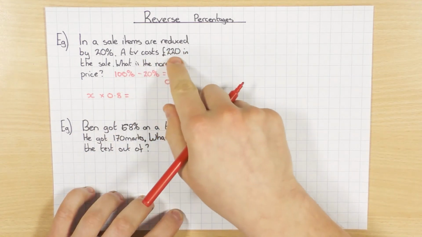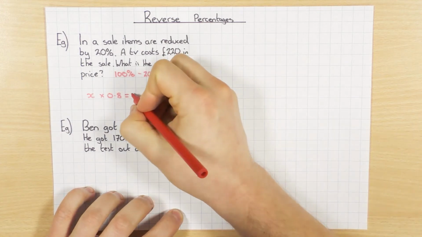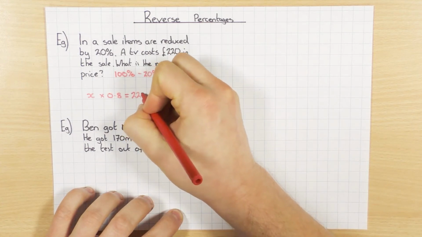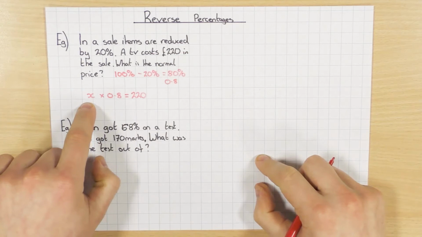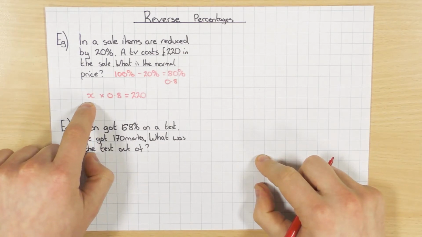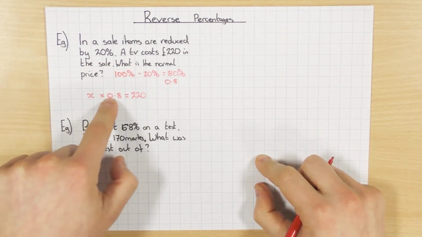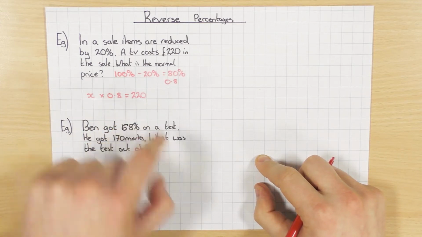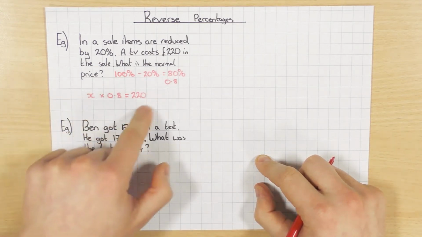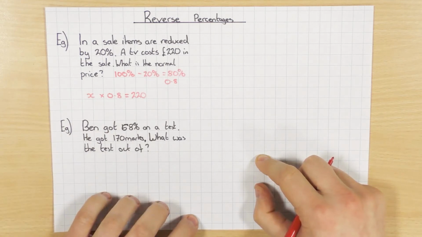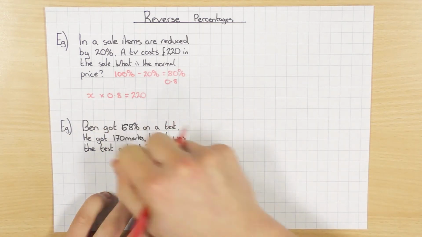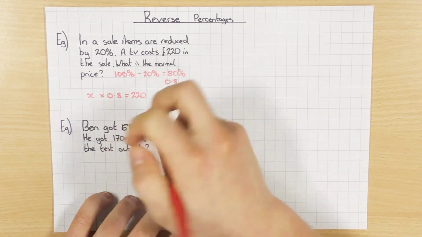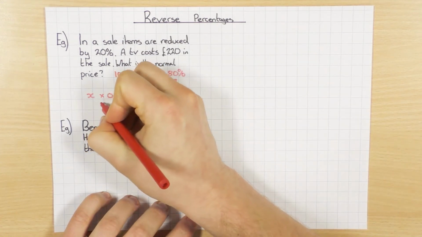Now in this particular question, we know what that is. It's 220. So I'll have my normal cost of the TV, times it by 0.8, and then it would decrease it by 20% to 220. All I've done here is formed an equation, and then I would just rearrange it. If I'm timesing by 0.8, I do the opposite, so I divide by 0.8.